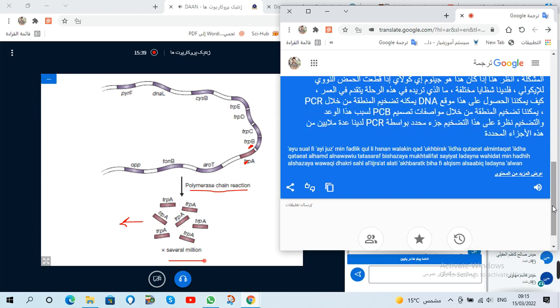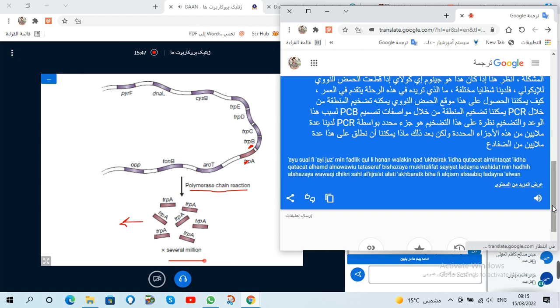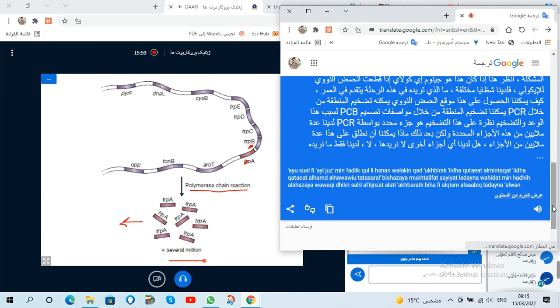Okay, after that, what do we do? We can clone these several millions of fragments. Do we have any other fragments that we don't want? No. We just have our desired, our specific region fragments. Do you understand, Fatima?